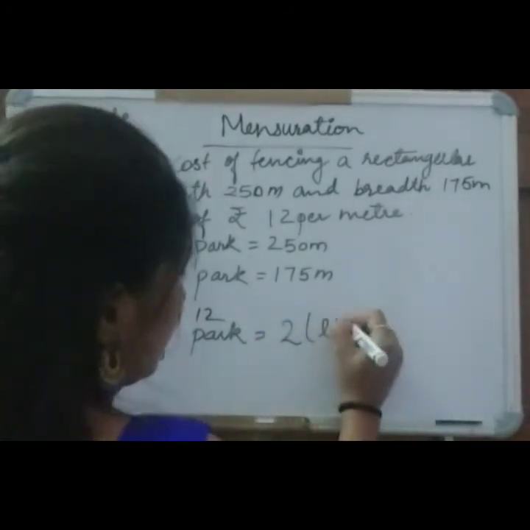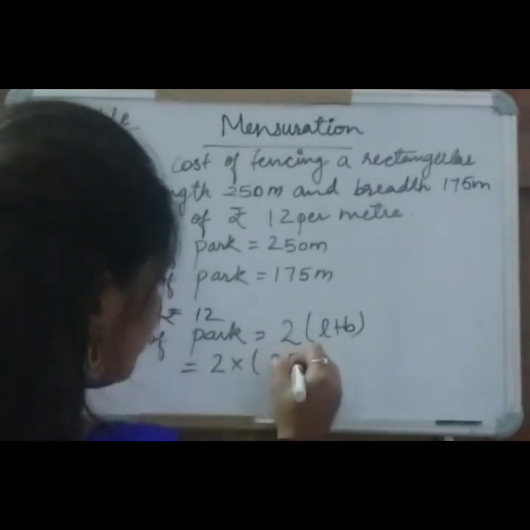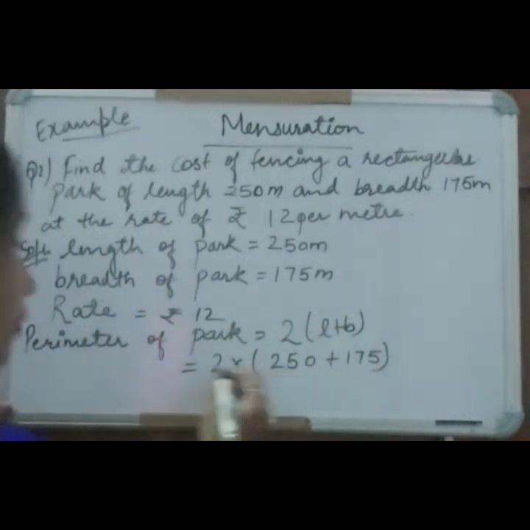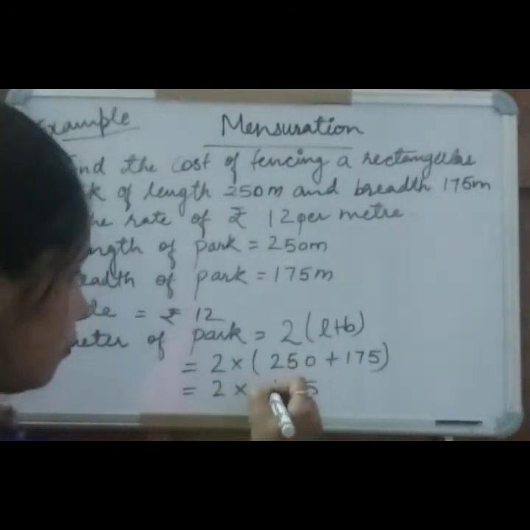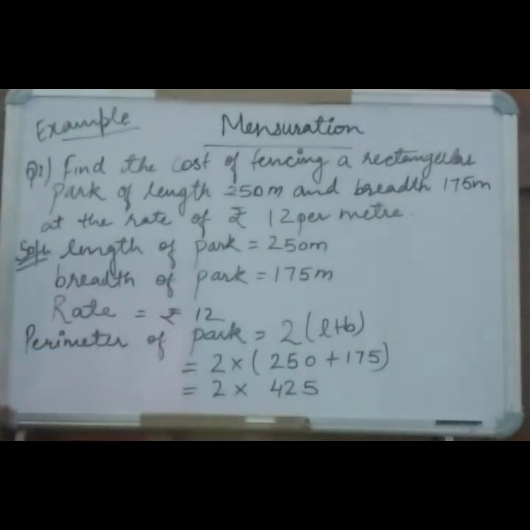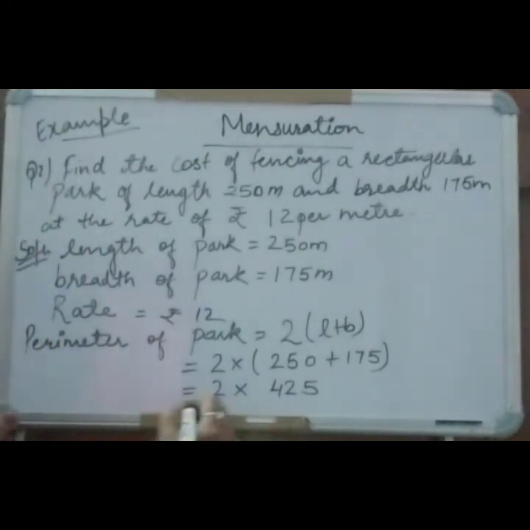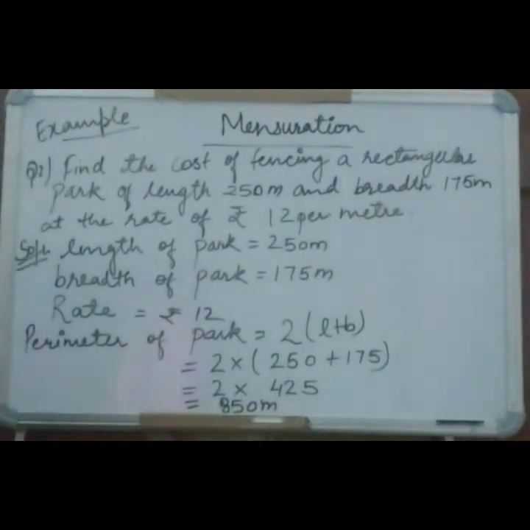So 2 into (L plus B): 2 into (250 plus 175). Addition of these two is 425. 2 into 425, multiplying these two we get 850 meter. In mensuration, never forget to mention the unit.